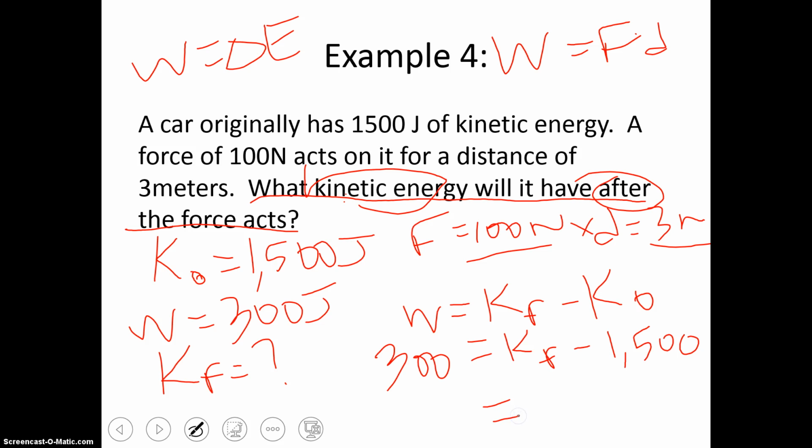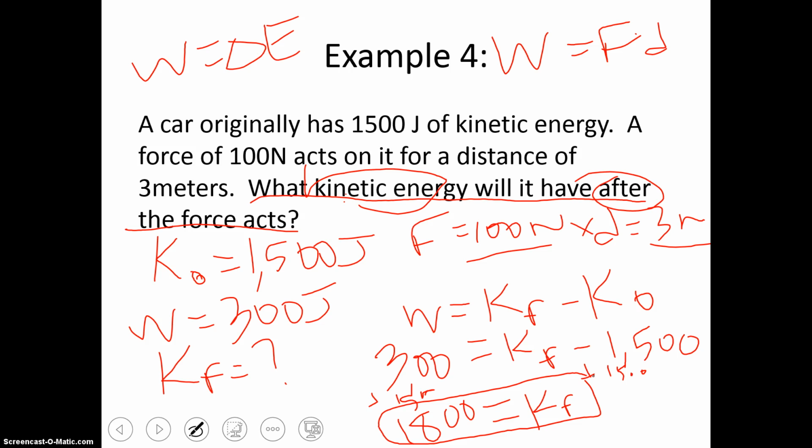So to get K final, we'll add 1,500 to both sides, and we'll get that 1,800 joules is the final kinetic energy. So the kinetic energy of the car increased from 1,500 joules of original kinetic energy to 1,800 joules of final kinetic energy.